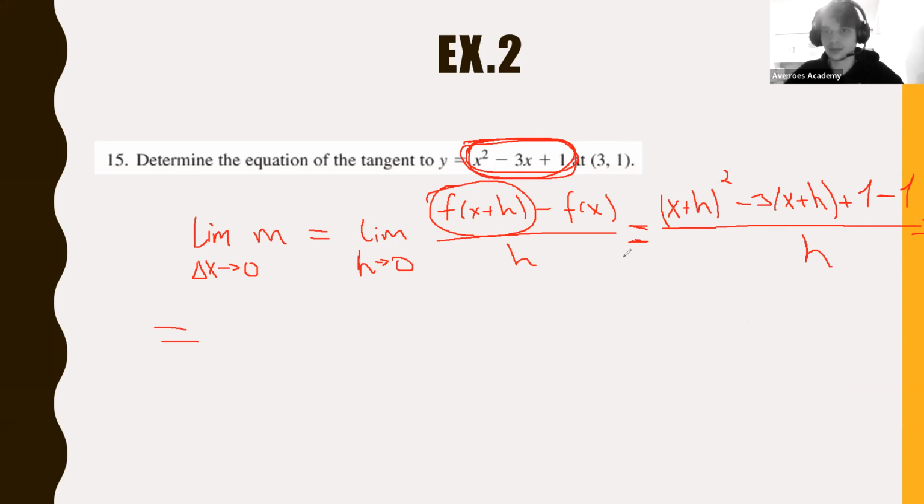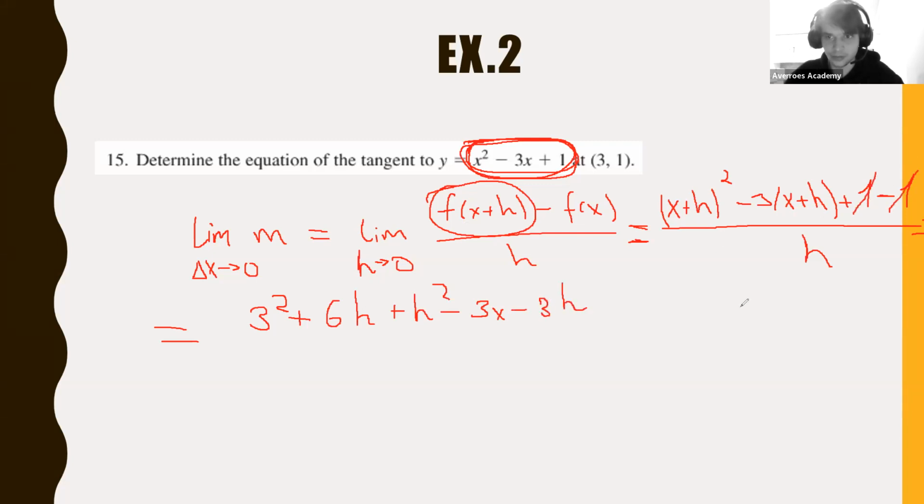So next step, let's stick the value of x equals 3 in here. Expand it using the same formula. 6h plus h squared, subtract 3x, subtract 3h.